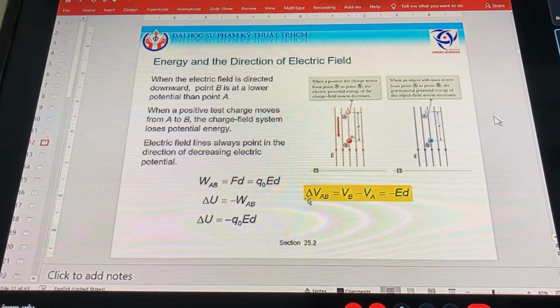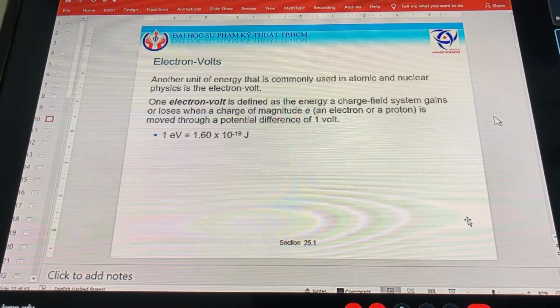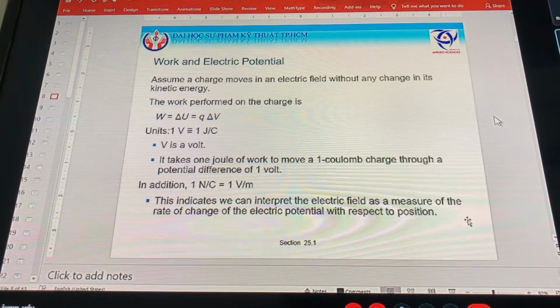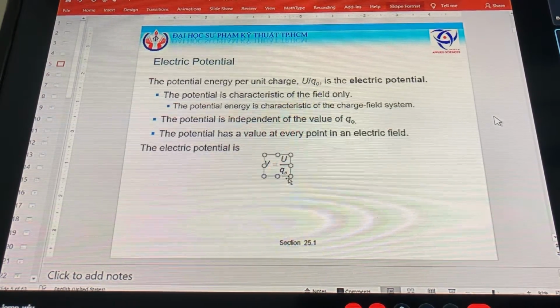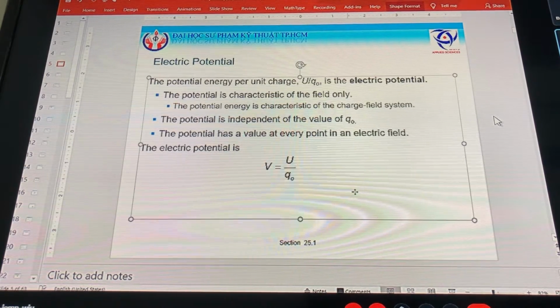So delta V, what is V? We divide the two sides of the equation here by the Q0. So delta U over Q0 is delta V. And V is defined as the electric potential here. Electric potential. Right?